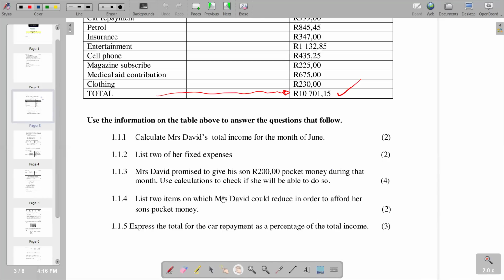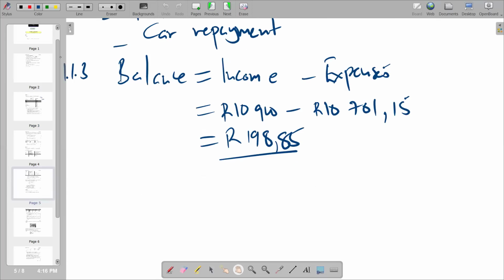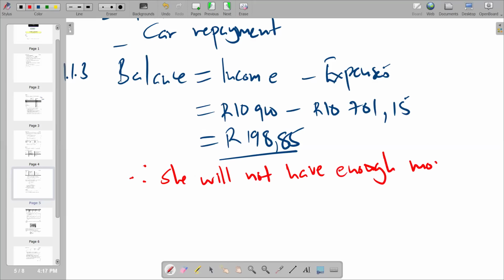So it means it's not possible. In conclusion, we are saying, therefore, she will not have enough money left. That's our response in terms of concluding, depending on the results that we have here.